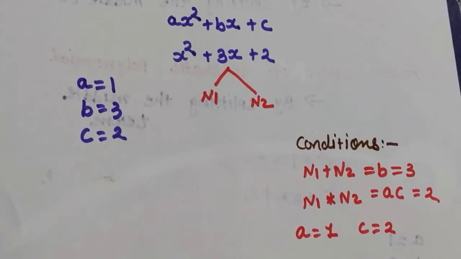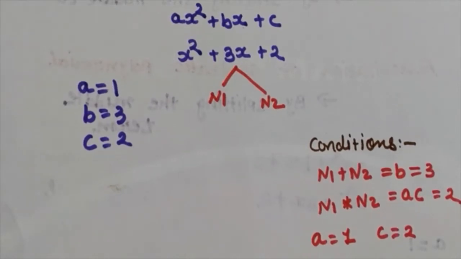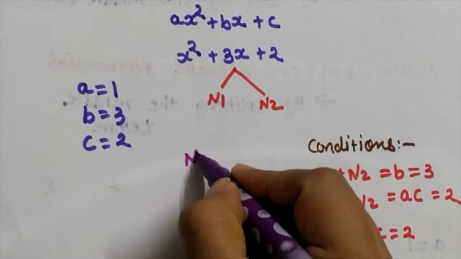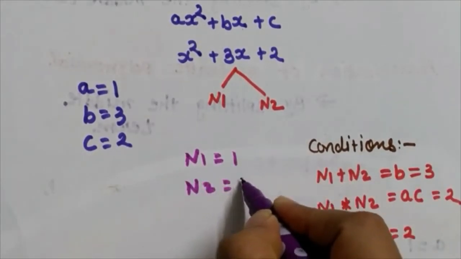To factorize x square plus 3x plus 2, what do you think? Which two numbers can satisfy these two conditions? After trying two combinations, we can learn that only one combination can satisfy these two conditions. The combination is 1 and 2. n1 is equal to 1, n2 is equal to 2.